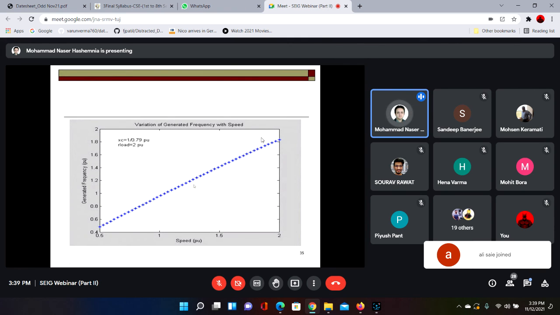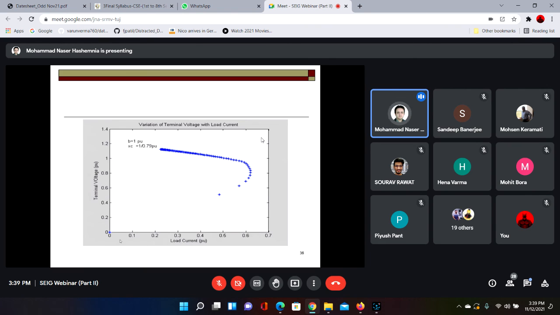It means that, for example, if the speed is 1 per unit, then the generator frequency might be 0.90, 0.91, 0.92 per unit. A is close to B, of course, but it is less than it.